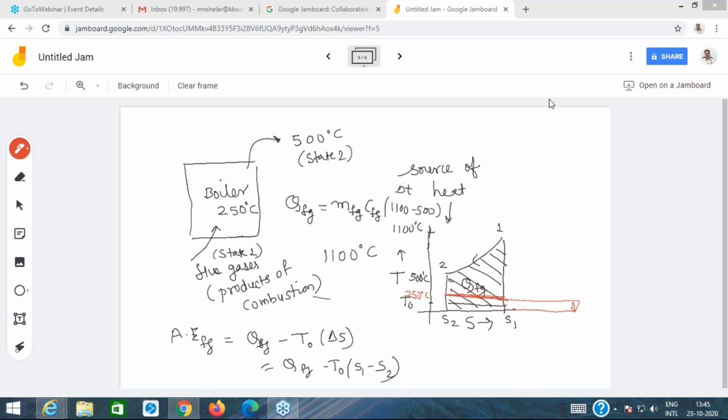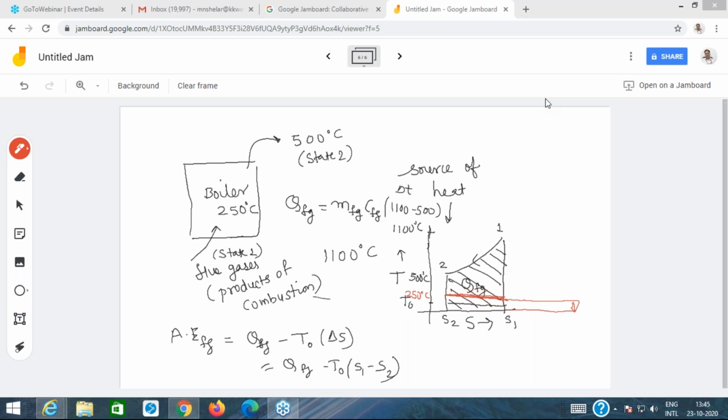So we'll continue with this concept. What I have started is the discussion on the calculation of exergy for a finite source. I have taken the example of flue gases, whose source temperature is reducing because heat is being lost by the flue gases.